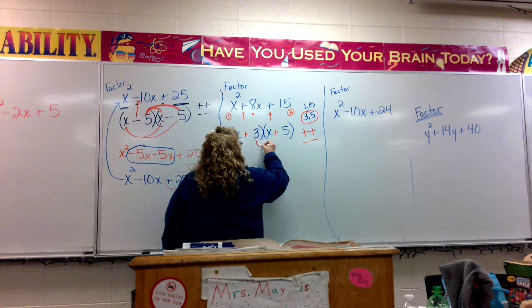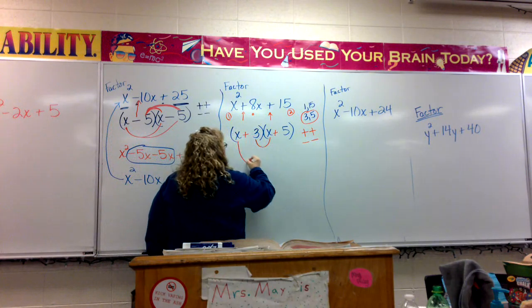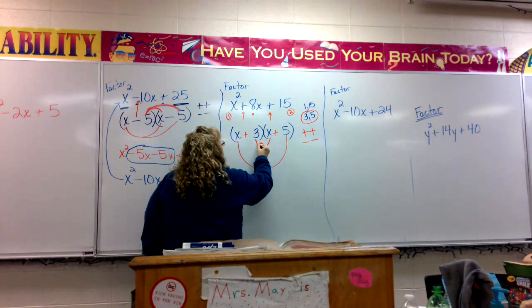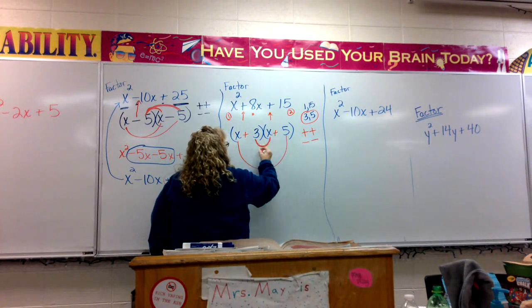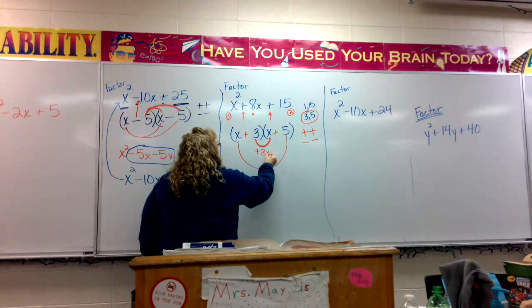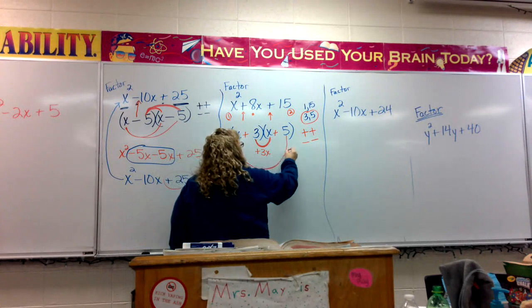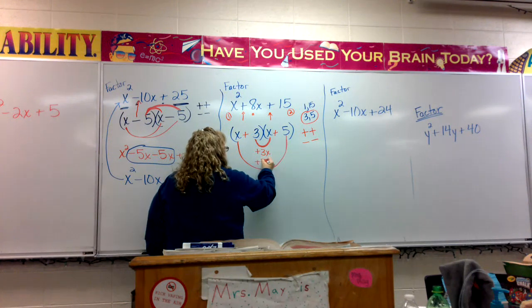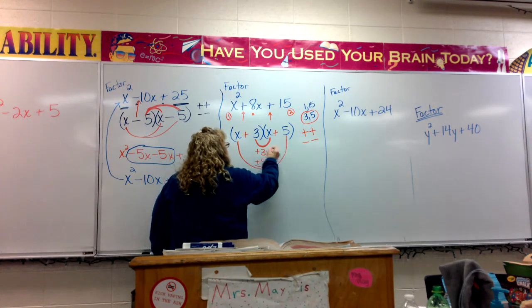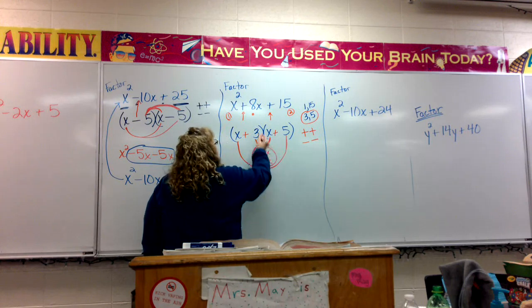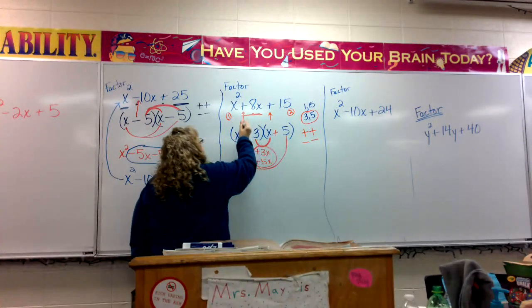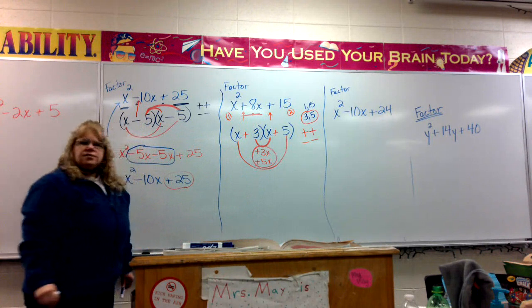So here's what the inside-outside double check is. I want you to multiply the two insides and the outsides. What's 3 times x? Positive 3x. What's x times positive 5? 5x. If you add those, it should equal what's in the middle there. Does it?